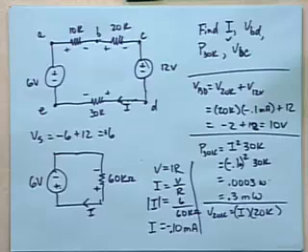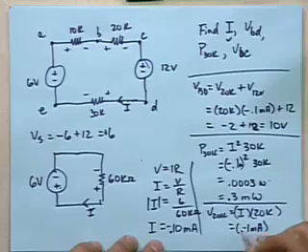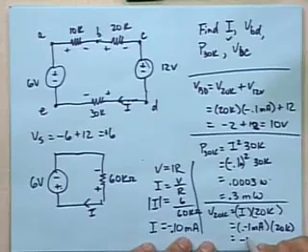But anyway, there's that negative 0.1 milliamps running through it times the 20 kiloohms of resistance. So that's negative 0.1 e negative 3 times 20 thousand, or negative 2 volts.